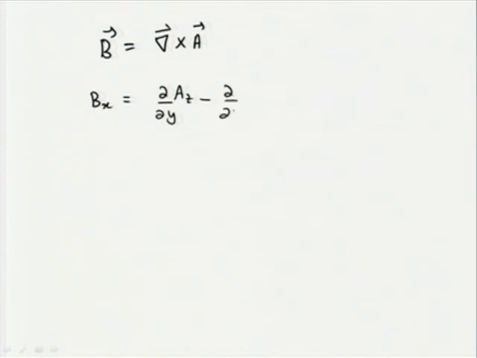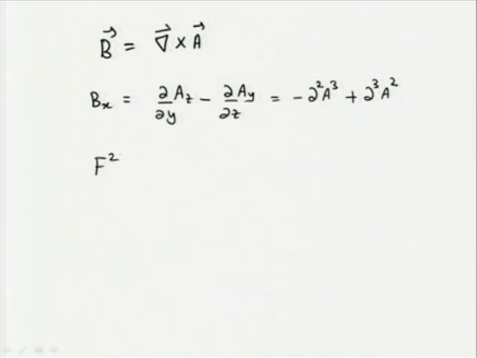Now, let us switch over to B equal to curl of A. B_x is equal to ∂/∂y A_z minus ∂/∂z of A_y, which is equal to minus ∂_1... ∂_2 A_3 minus of minus plus ∂_3 A_2.